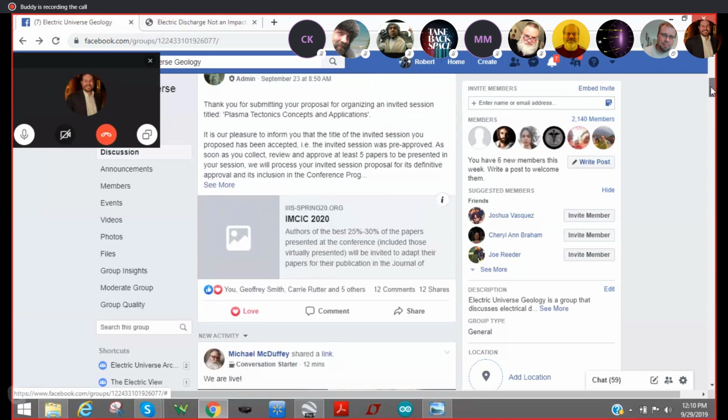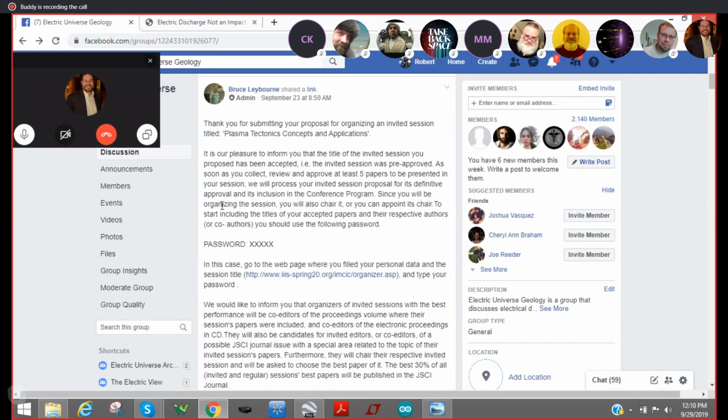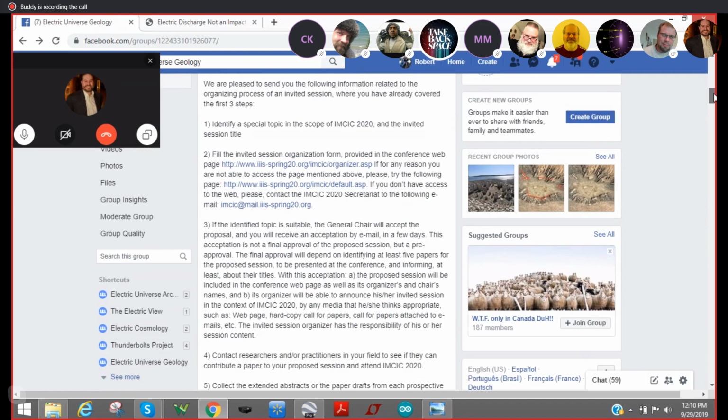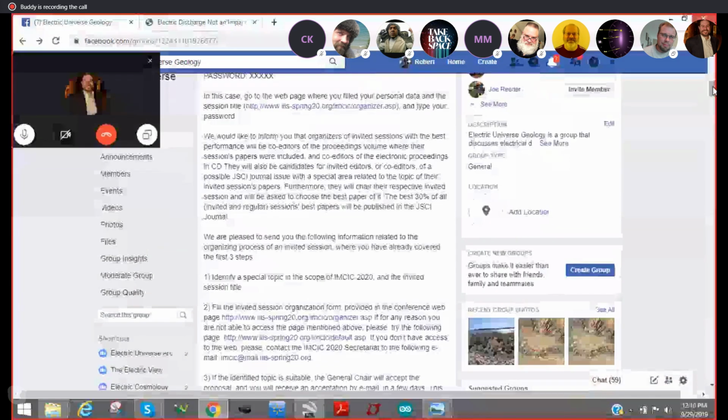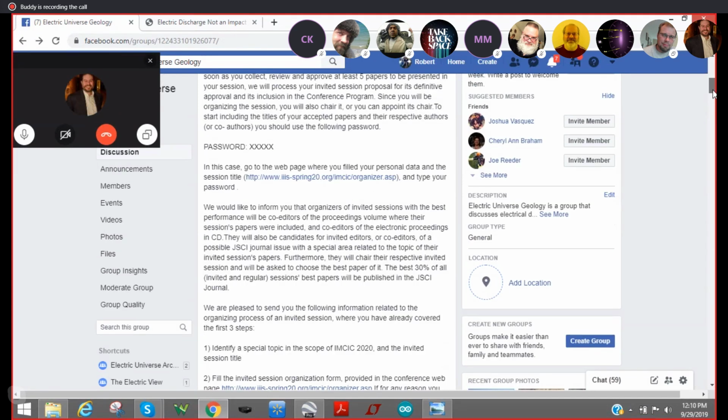We can go pretty fast, but they had a lot more voluminous text to work with, and a lot more people doing it. It's certainly not something you're going to immediately take over, but the fact that we're even trying, as Robert is pointing out, is this new IMCIC 2020.